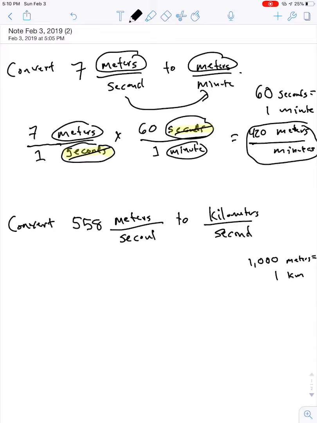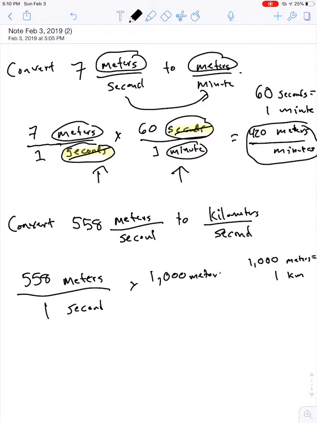You need to have seconds on the numerator in order for it to cancel in our second rate. I'm going to give an example where we accidentally mess that up, show you the problem if we don't do that. So at first we have 558 meters per second. 558 meters per 1 second. And I know that there's 1,000 meters in a kilometer.